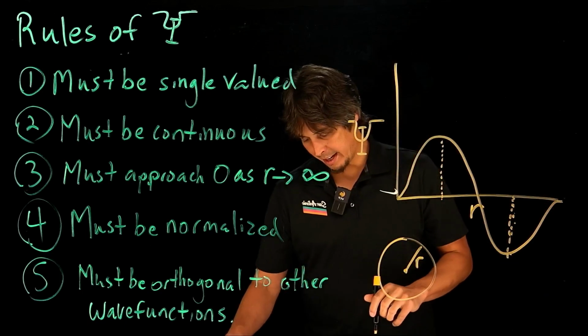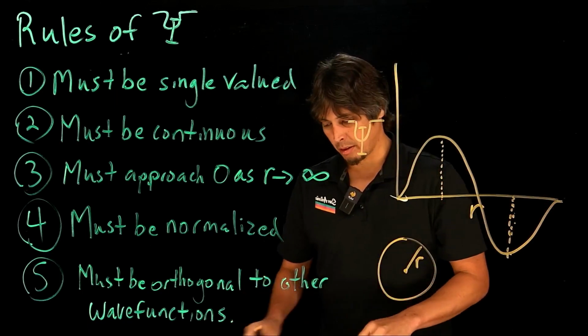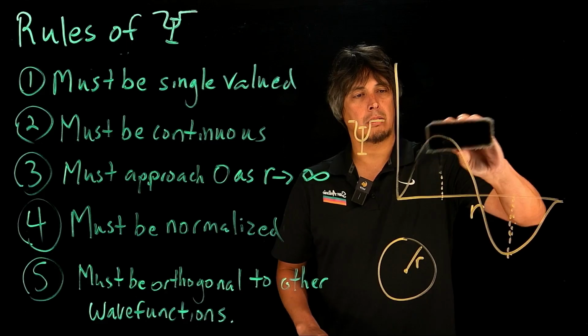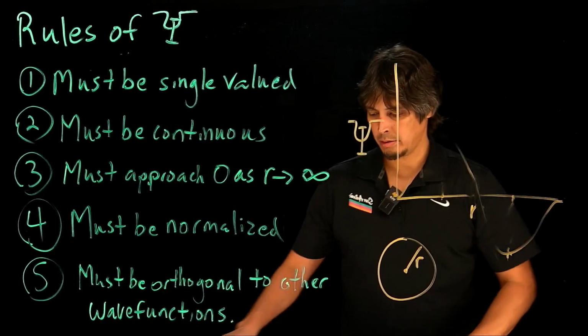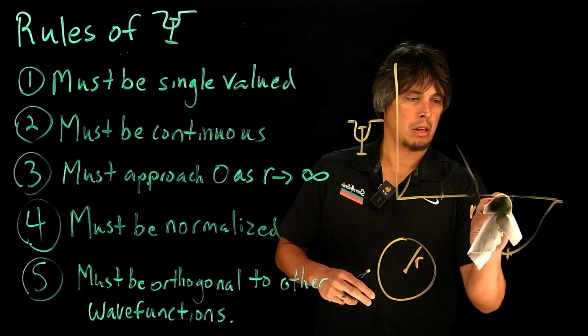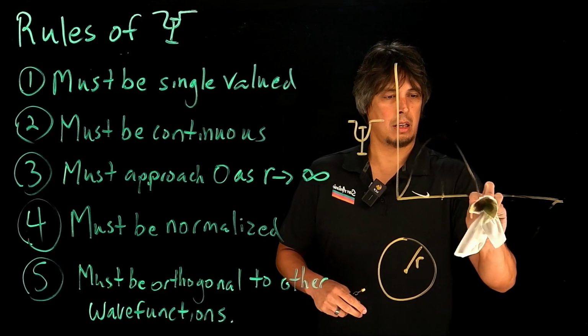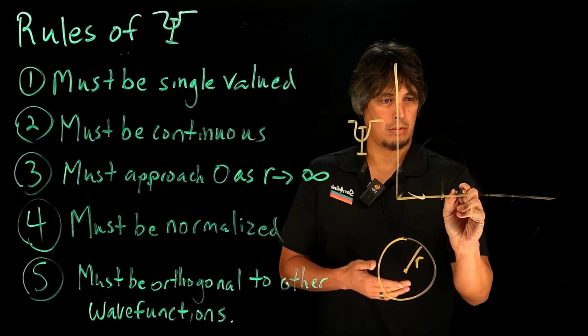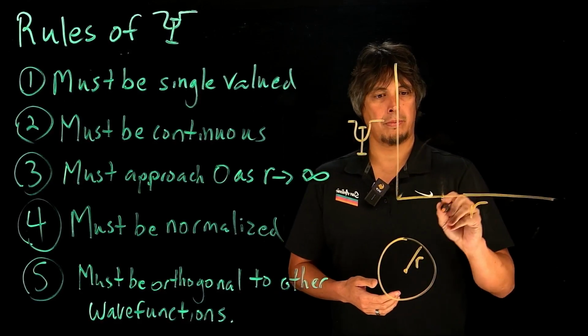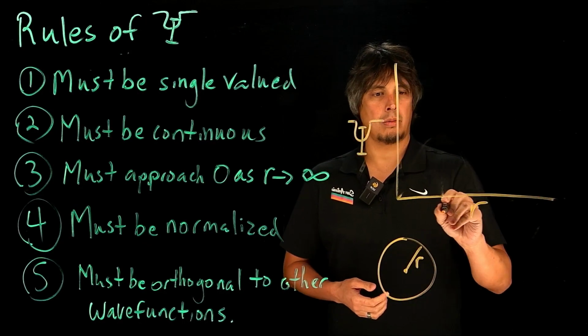So what would something that was not single valued look like? Well, let's say we transpose this function.